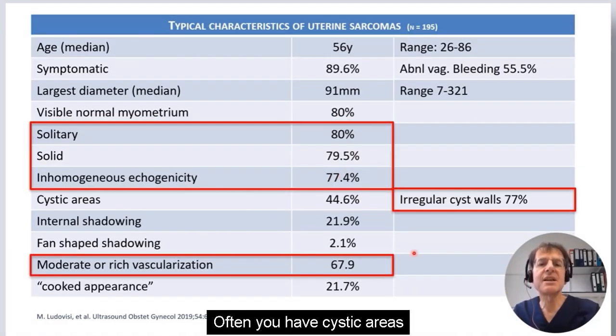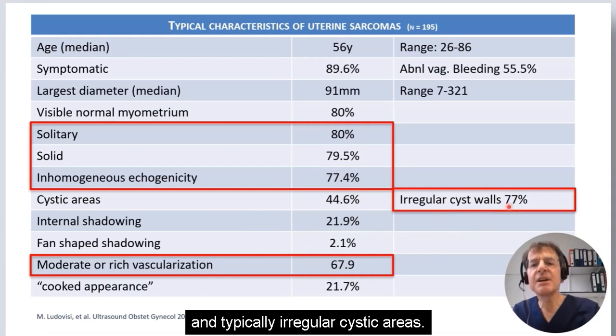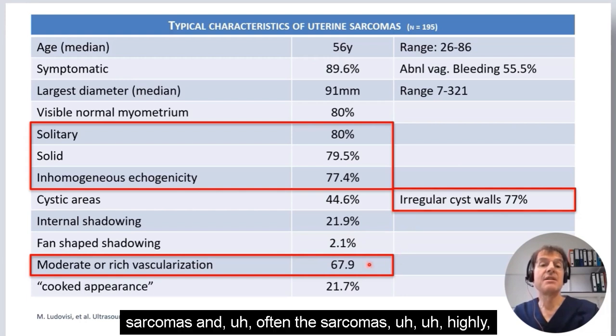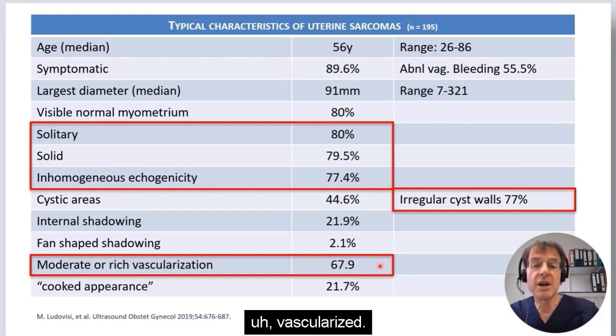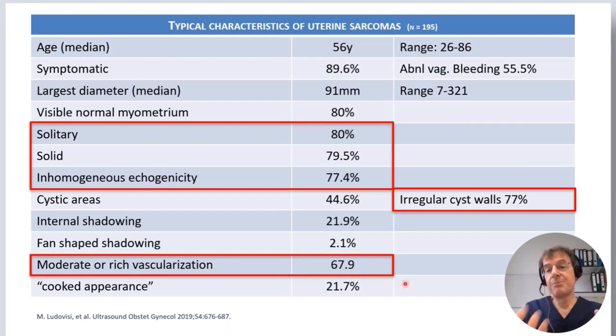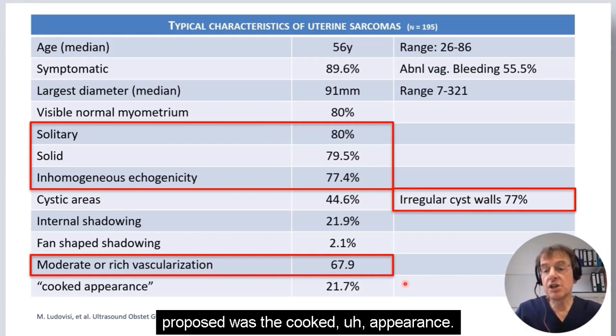Often you have cystic areas, and typically irregular cystic areas. Fan-shaped shadowing is rare in sarcomas, and often the sarcoma is highly vascularized, and the last feature they proposed was the cooked appearance.